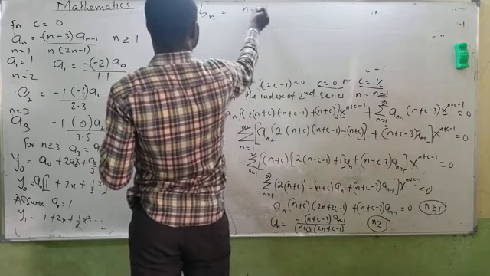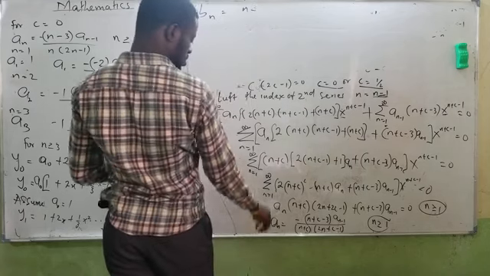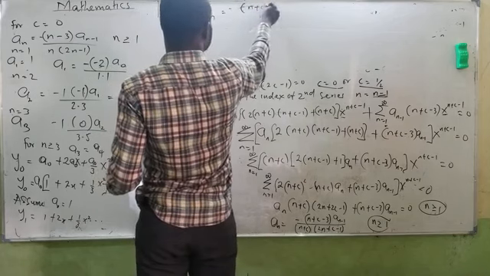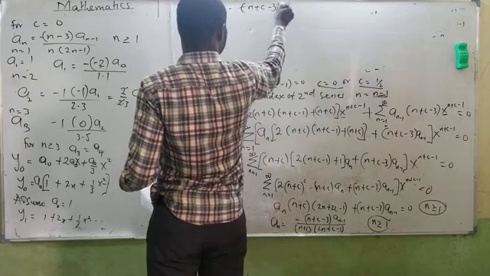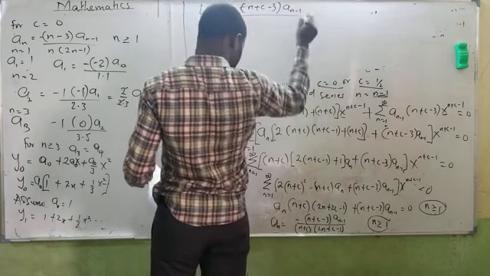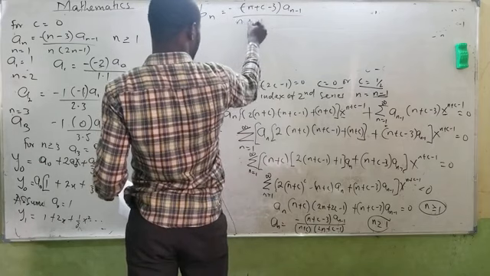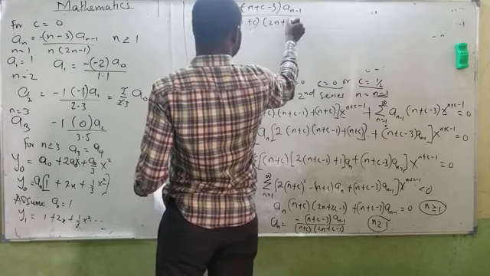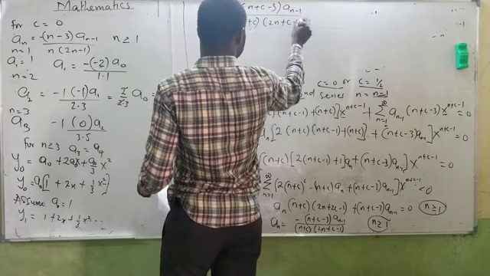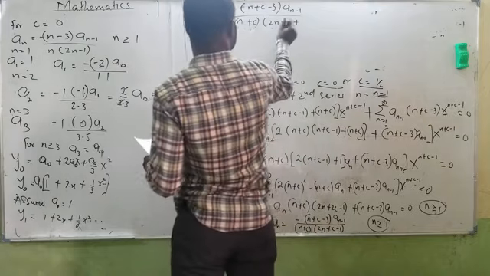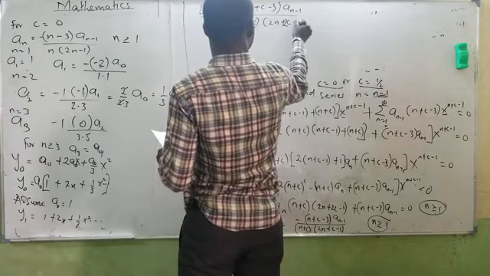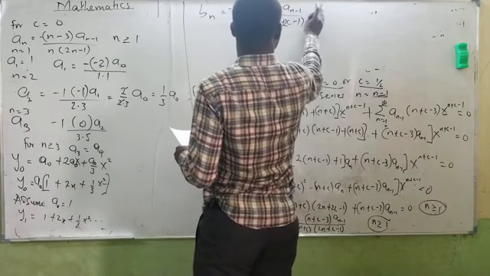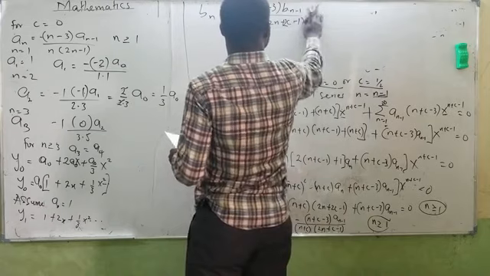b of n will be equal to n minus, bracket of n plus c minus 3, bracket of a n minus 1 divided by, I have my a plus c, 2n plus 2c plus 2c, this is 2c, plus minus 1 bracket of b of, let me use b of n to avoid silly mistakes.